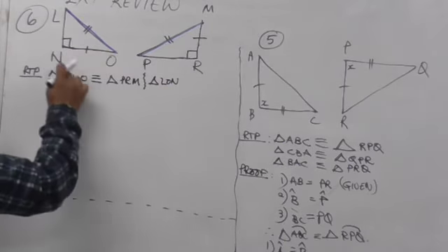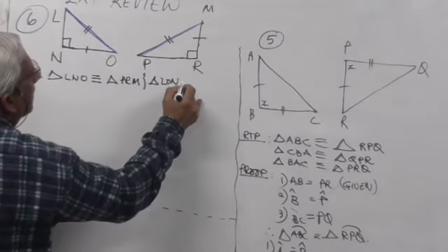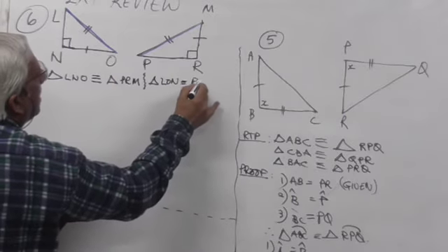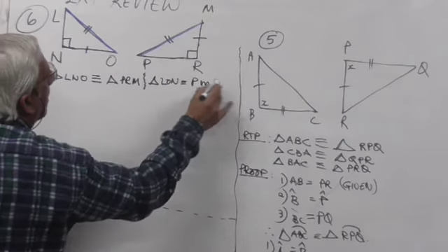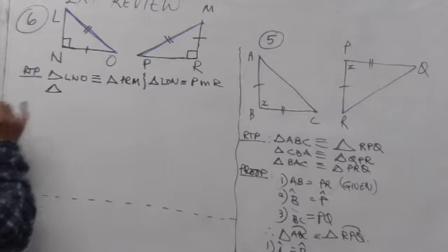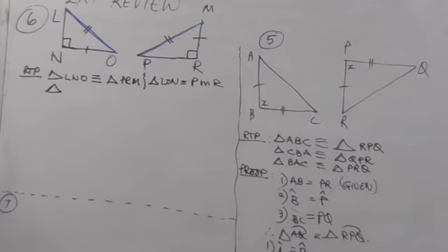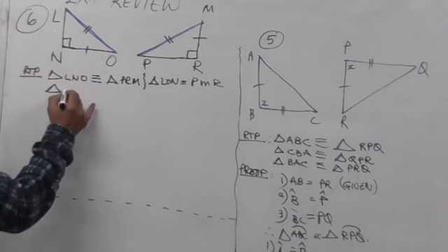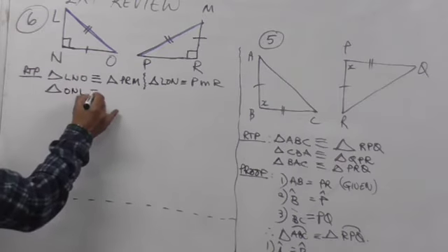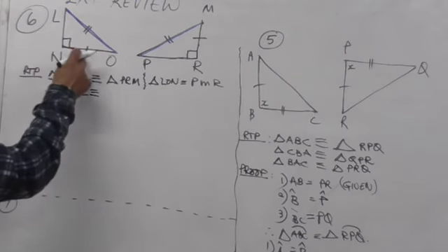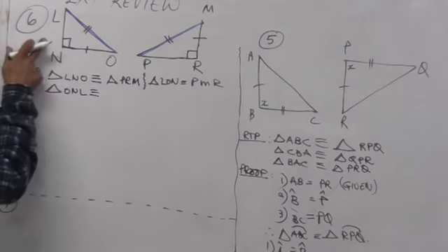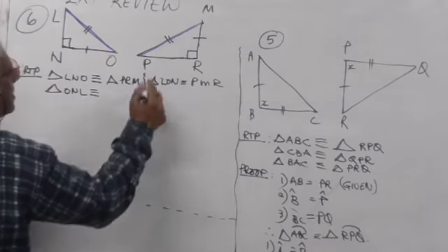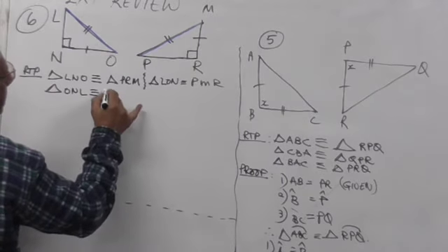LON is 2, 1, so that will be PMR. And somebody can choose ONL. ONL, 1 blank, then you'll go 1 blank, which is MRP.